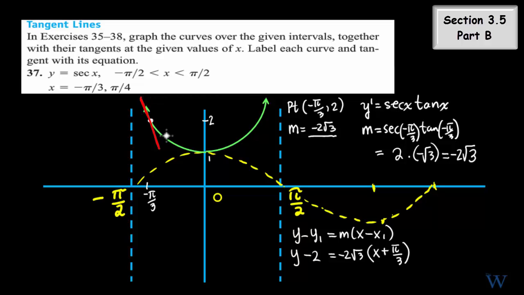So let's call it T maybe. And this is the graph of your equation y is equal to secant of x. And there, this is our equation of the line tangent to the curve. So this is our tangent line.